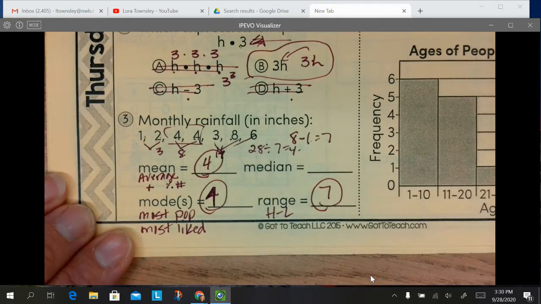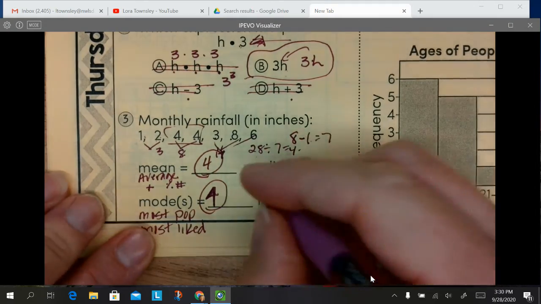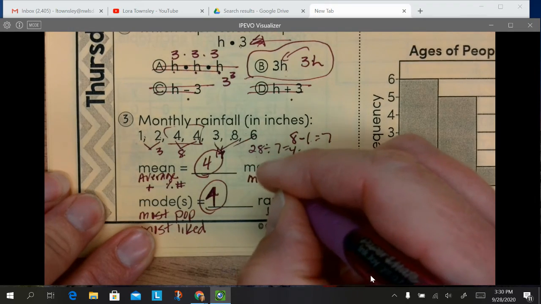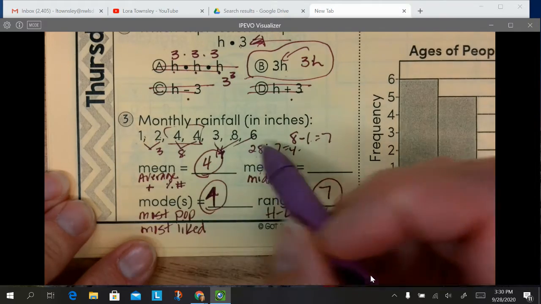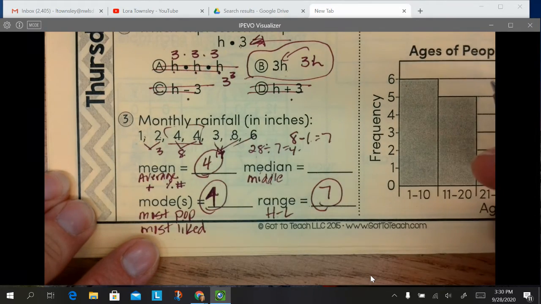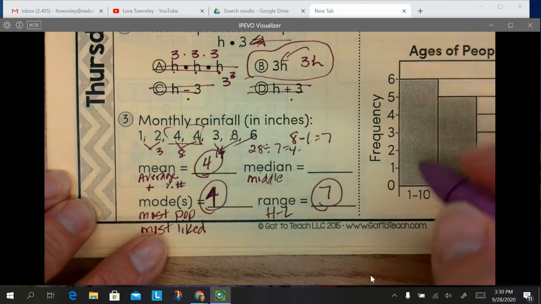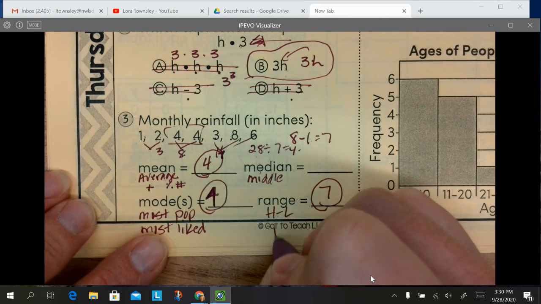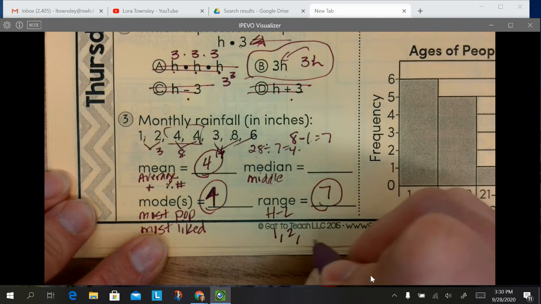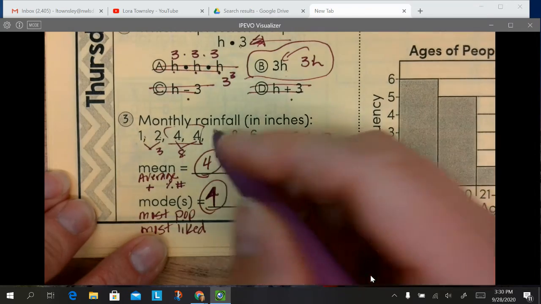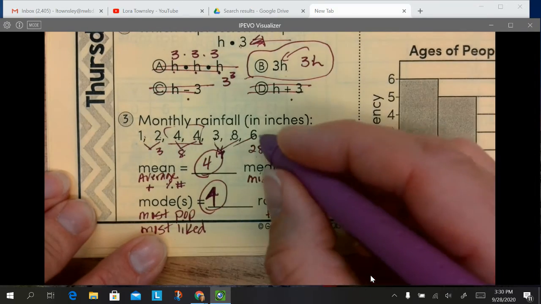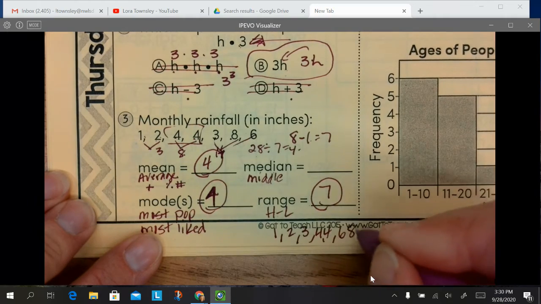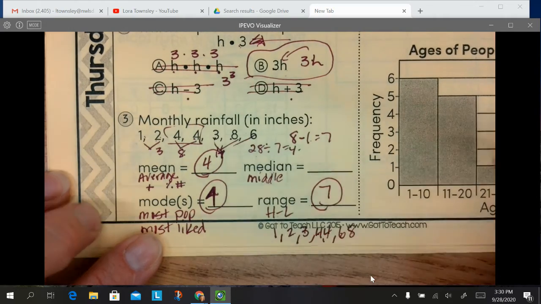Now your median is the middle number, but to find it you have to put all these in order. They're not in order yet. So 1, 2, 3, 4, 4, 6, and 8.